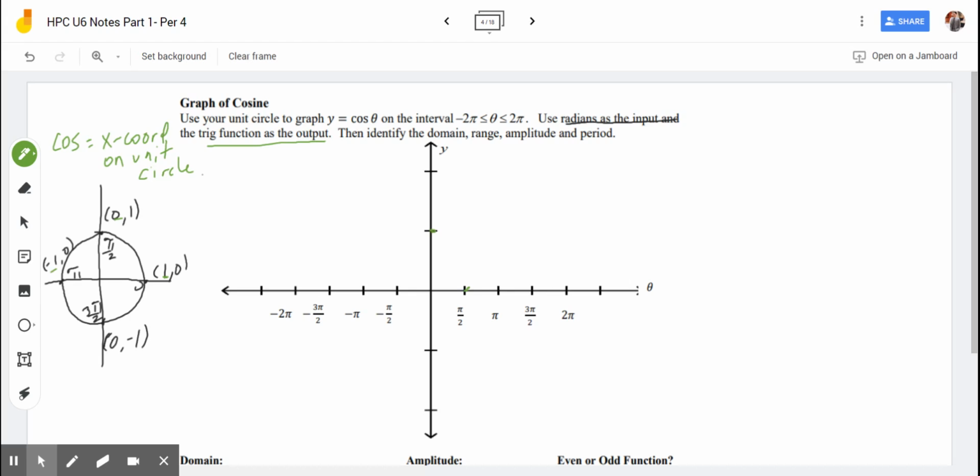At pi, we're at negative 1. At 3 pi over 2, we're at 0. And then at 2 pi, we would literally come full circle, right? And our function value should therefore be at 1.